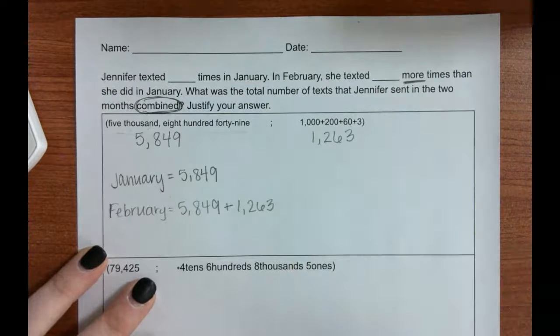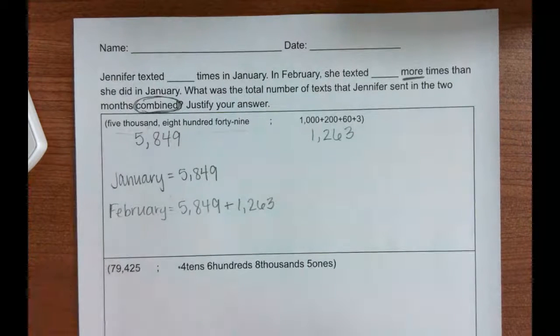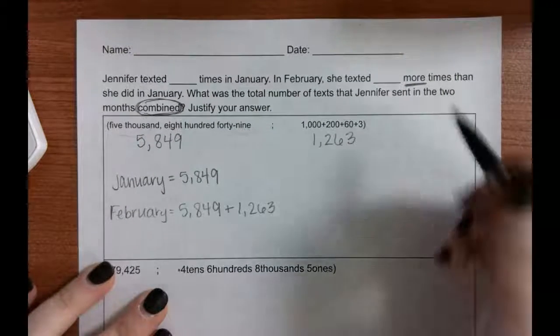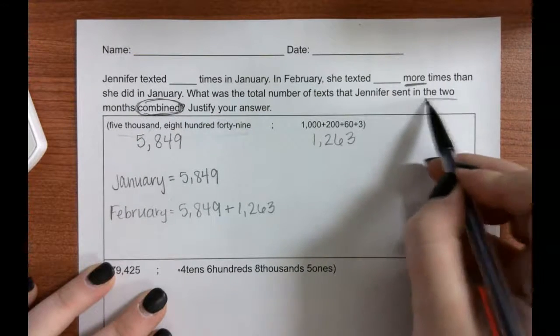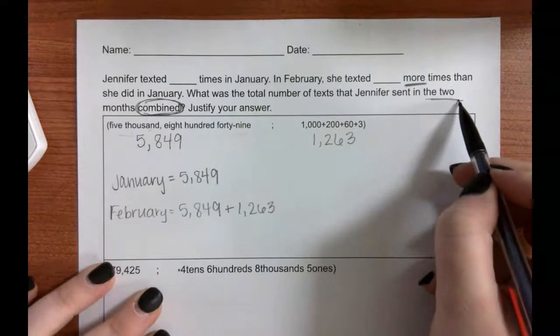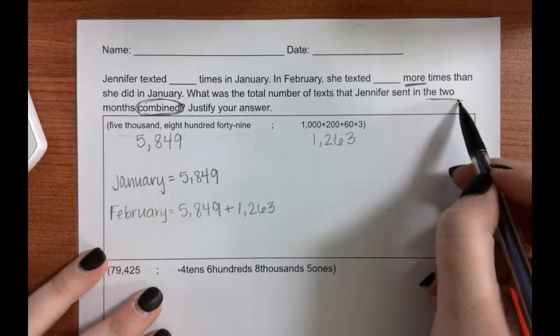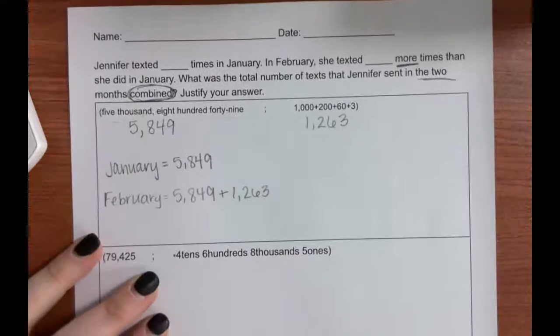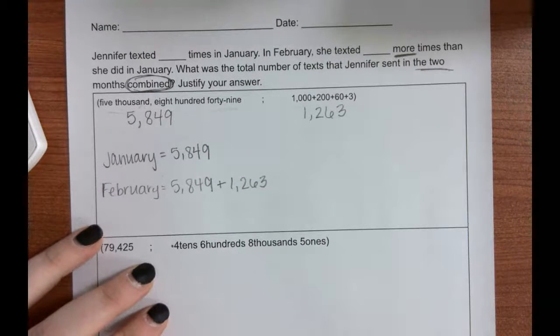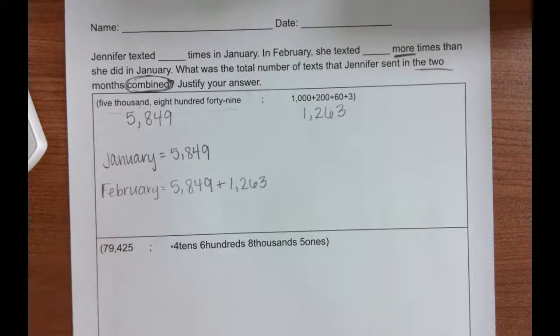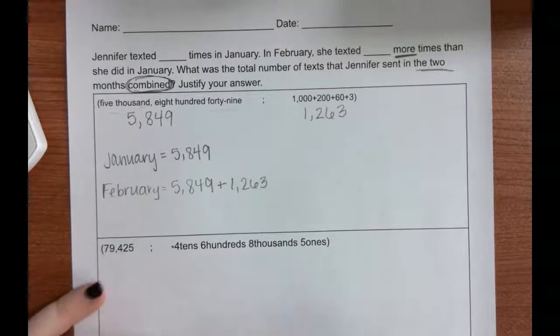So this is what we call a multi-step problem because we're having to do more than just one thing. Okay. So before I can figure out how many she did in the 2 months combined, what do I need to do first? Figure out what February was.